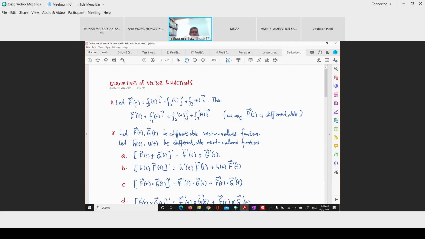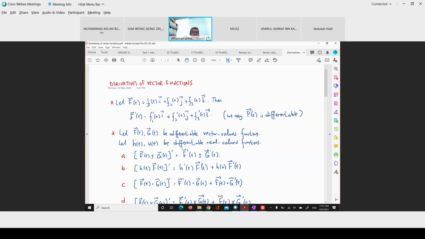So suppose we have a vector function with components f1(t), f2(t), f3(t). Then this is a function of t, right? And suppose f1, f2, f3 are differentiable.